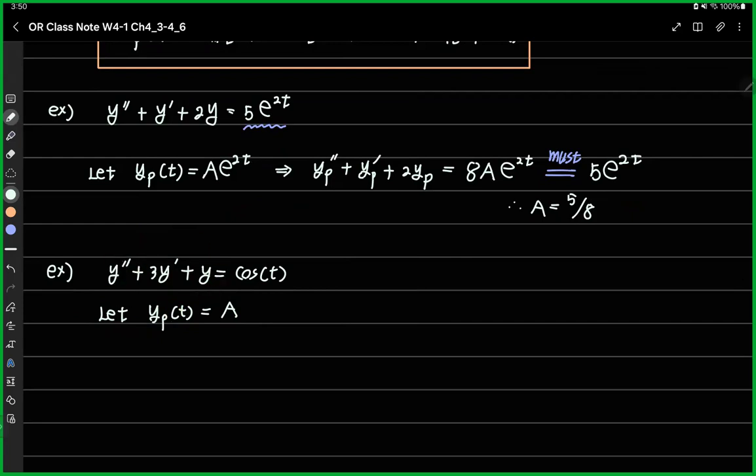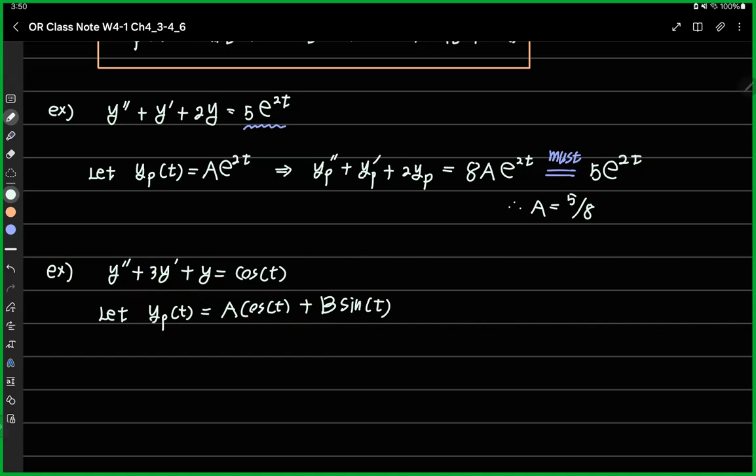So in a certain term we get sine, in a certain term we're going to get cosine. So y_p must be A times cosine t plus B times sine t. We're not going to define y_p as a single trigonometric function, cosine or sine alone. We need both because eventually we'll take a derivative.